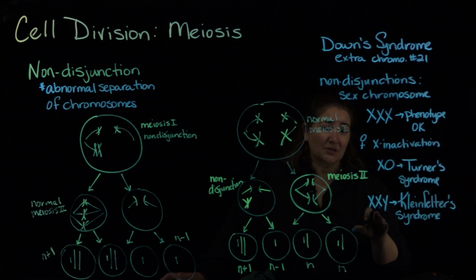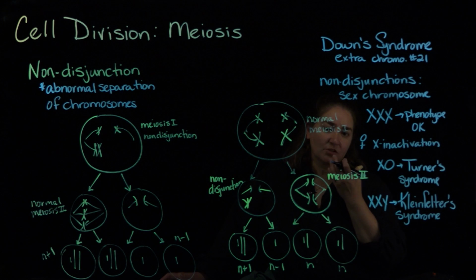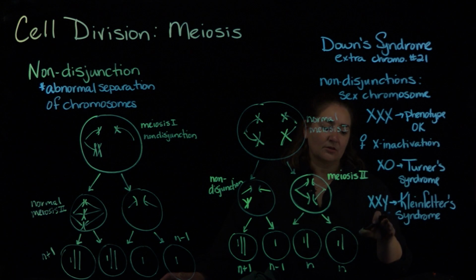The X chromosome does become inactivated, however it still causes some trouble. Men with Klinefelter tend to have trouble growing facial hair, and their genitals tend to be smaller than normal. In the case of both Turner and Klinefelter syndrome, because of that abnormal non-disjunction with the sex chromosomes, they tend to be infertile, so they tend to not be able to reproduce.